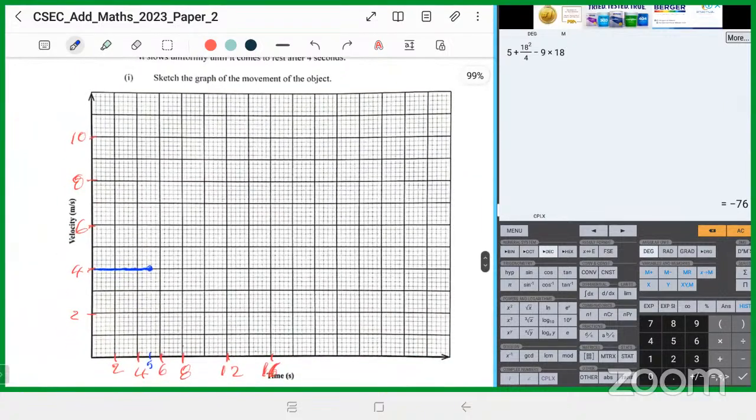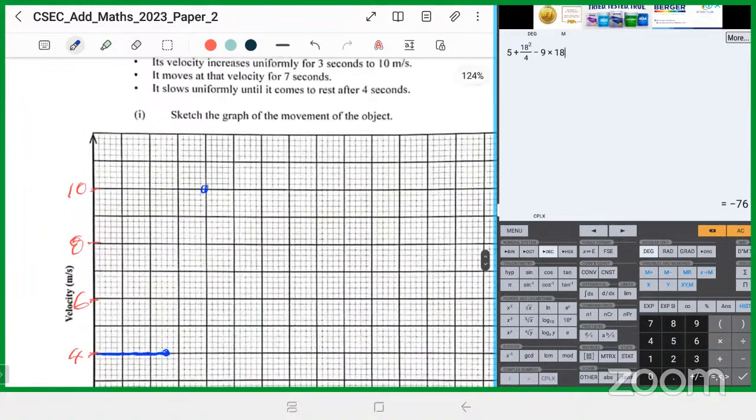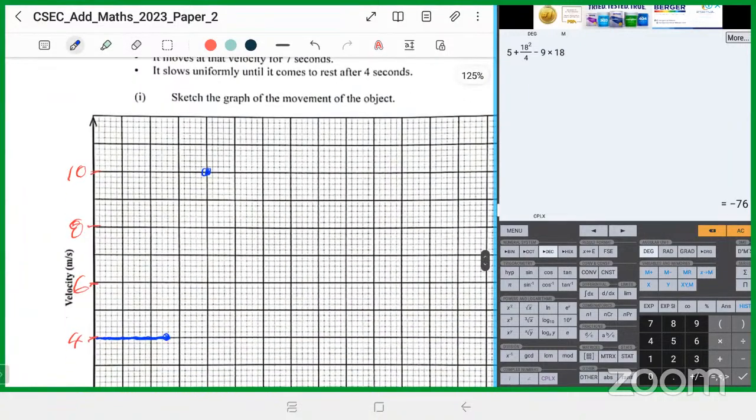So 8, 10. You're coming to here. So we just need to draw a straight line there.